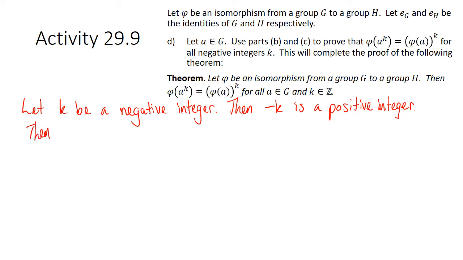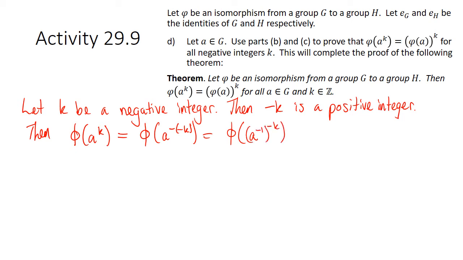So phi of A to the K can be written like this. This is phi of A to the negative K, which is the same as phi of A to the negative 1, so A inverse, to the negative K. And we are allowed to bring a positive integer outside, so I'll just make a note of that.